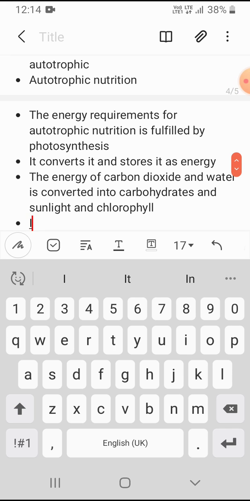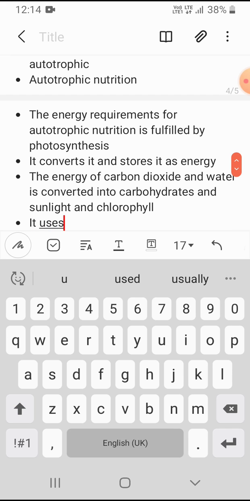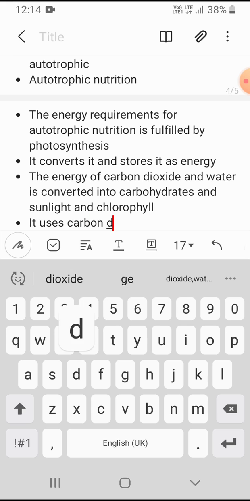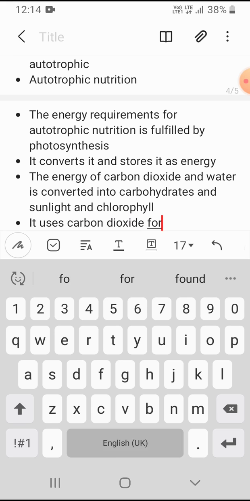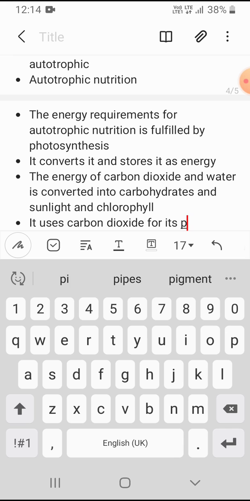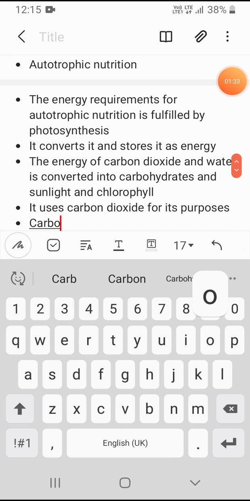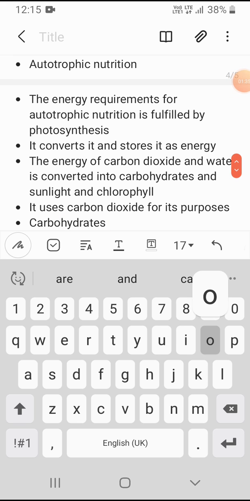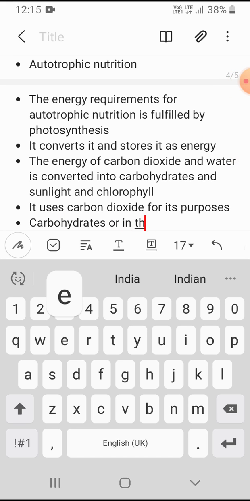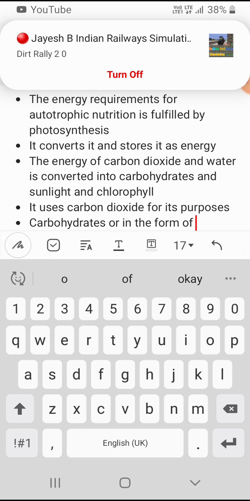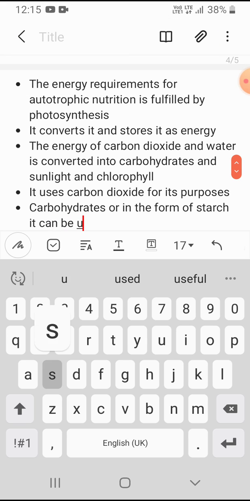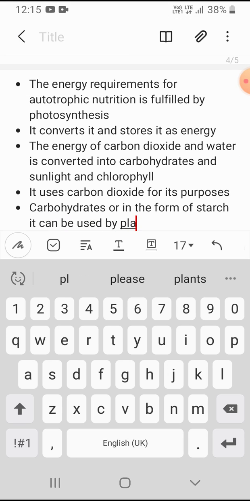Chlorophyll, as you know, uses carbon dioxide for its purpose. Carbohydrates are stored in the form of starch. It can be used by plants whenever they need it.